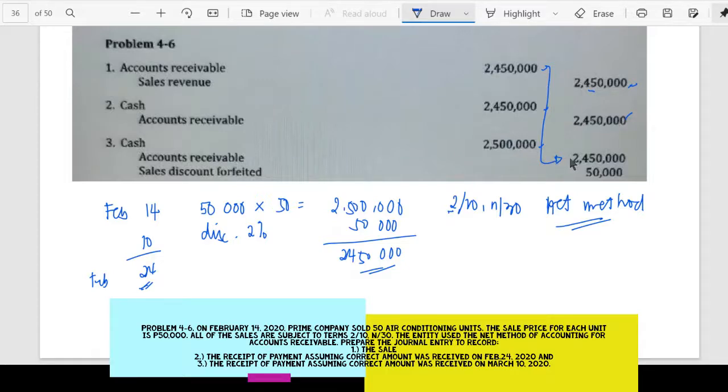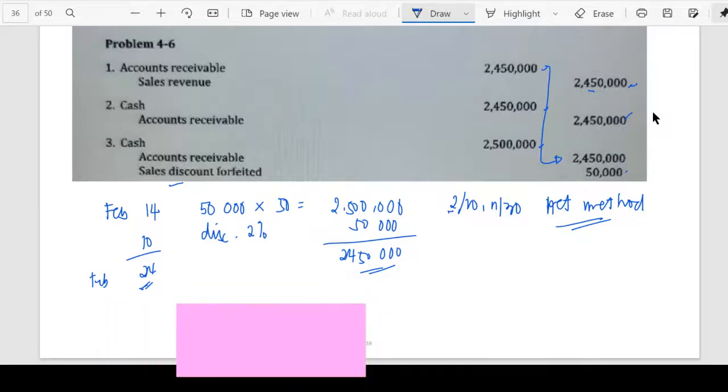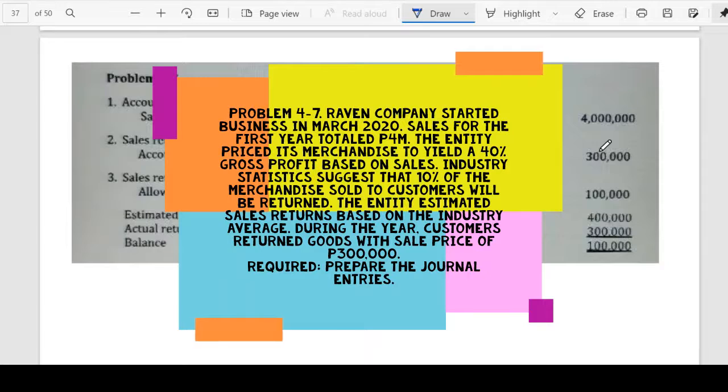Kay kung 25 atong i-close ani magka credit balance ka 50,000. So, dili man na to i-credit balance si accounts receivable ani. Kay na close naman, ma-close man dapat in full. So, 2,500,000, yeah, credit 2,450,000, and then we're going to add another account title which is sales discount forfeited. So, that's 50,000 pesos.